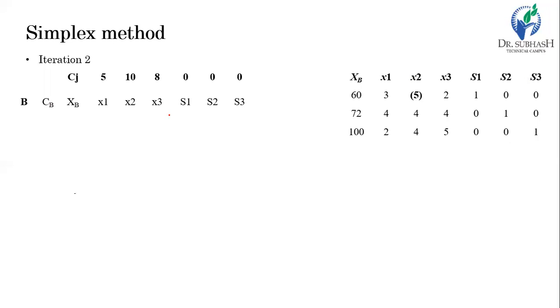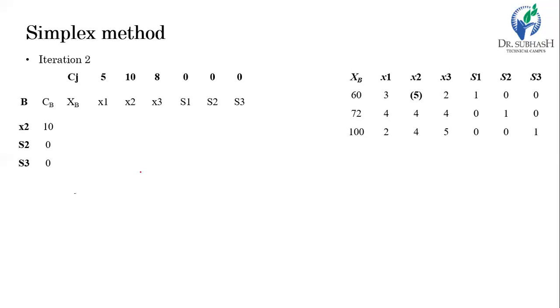As per the conclusion from the previous table, we will replace S1 by X2. So in the basic column, S1 is replaced by X2 here. Accordingly, the coefficient of X2 in the basic variable is 10, so 10 will come here. For S2 and S3, it is 0, so 0 here. After that, start a new table.